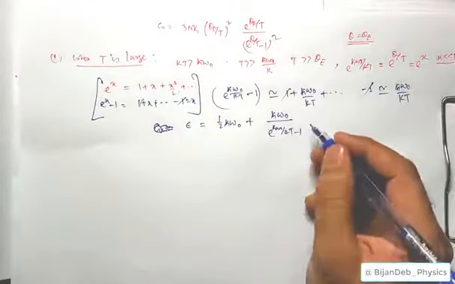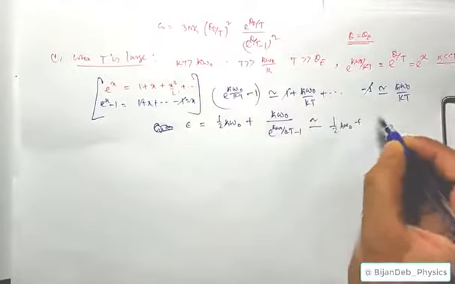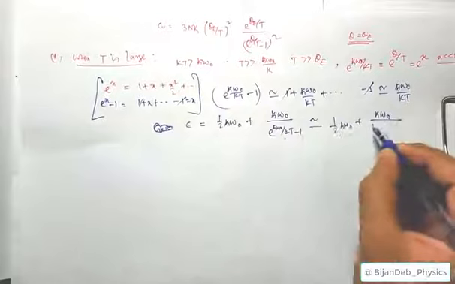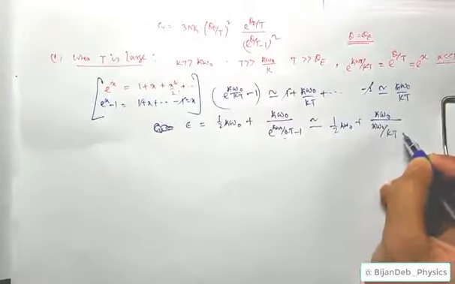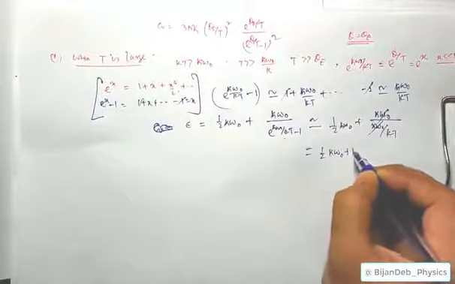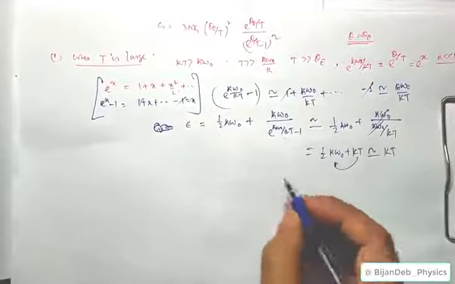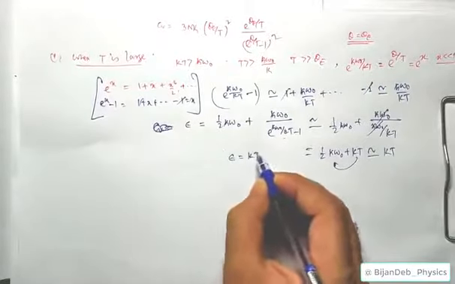In this case it reduces to half h cross omega 0 plus h cross omega 0 divided by h cross omega 0 by kT. This will get cancelled, so it is half h cross omega 0 plus kT. Now as kT is very much greater than this, it is very nearly equal to kT. So you get average energy as kT.